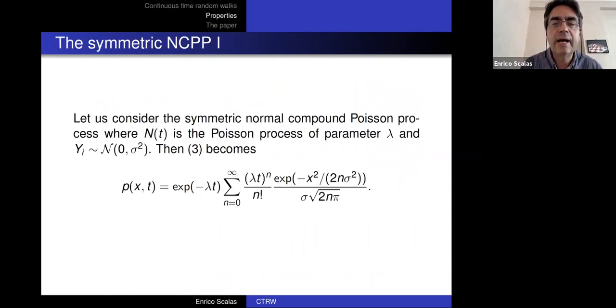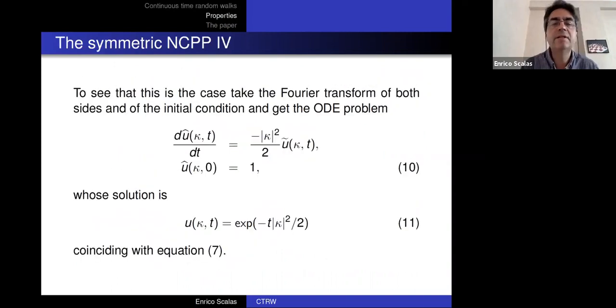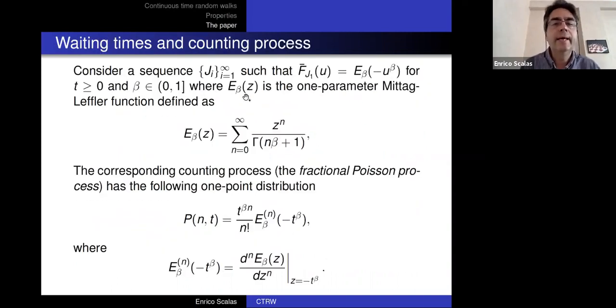But let's see first the time part. For the time part, we use a sequence of independent and identically distributed random variables with this complementary cumulative distribution function, this survivor function.